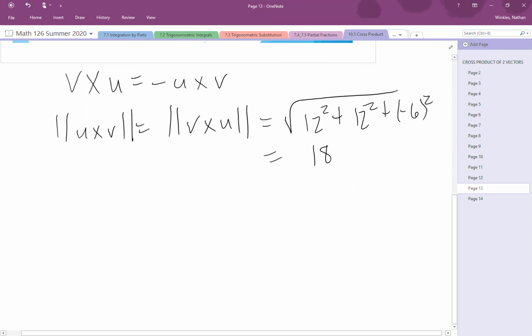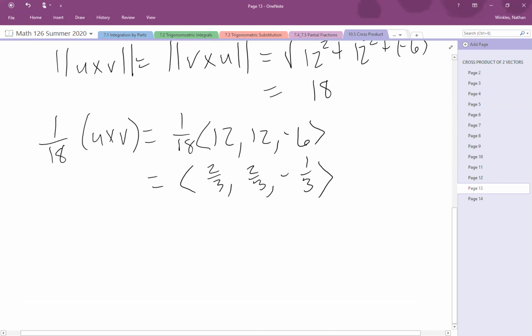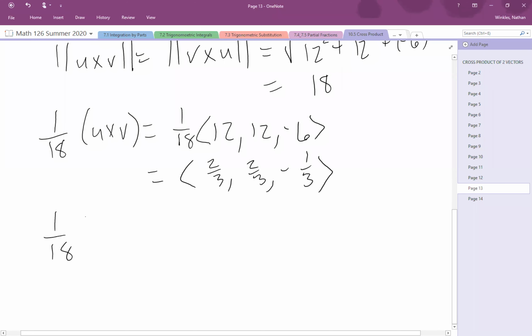So the unit vector normal to the plane containing both u and v is going to be 1 over 18 times u cross v, which is 1 over 18 times the vector 12, 12, negative 6, or the vector 2/3, 2/3, negative 1/3. And then we also have 1 over 18 times v cross u.